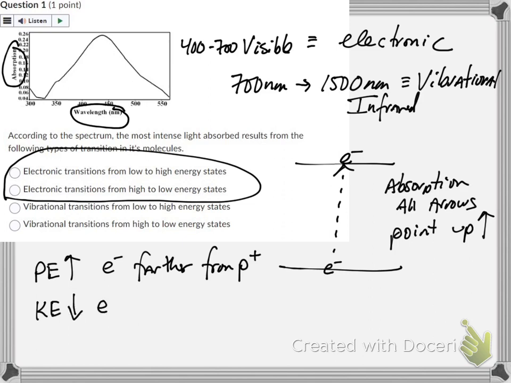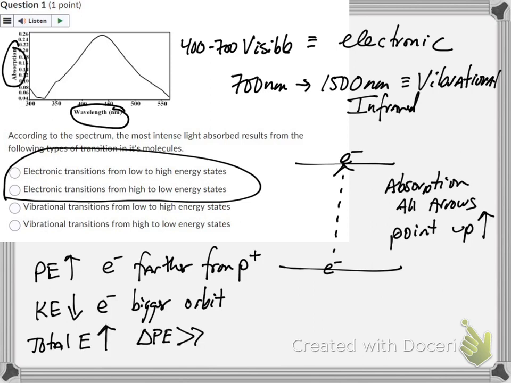Kinetic energy has to be going down because now the electron is in a bigger orbit, and that reduces the speed. Now, oftentimes we ask questions about total energy, and so students may think, oh, well, potential energy goes up, kinetic energy goes down. There's no change in total energy, but that would be wrong.